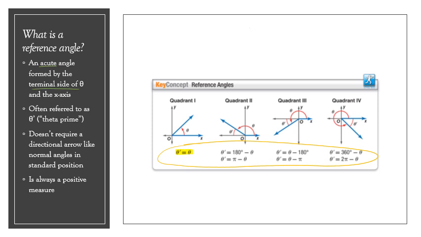In quadrant 2, we've got radians down here and degrees here. So we can think about subtracting our angle theta, our given angle, from either 180 degrees or from pi radians.